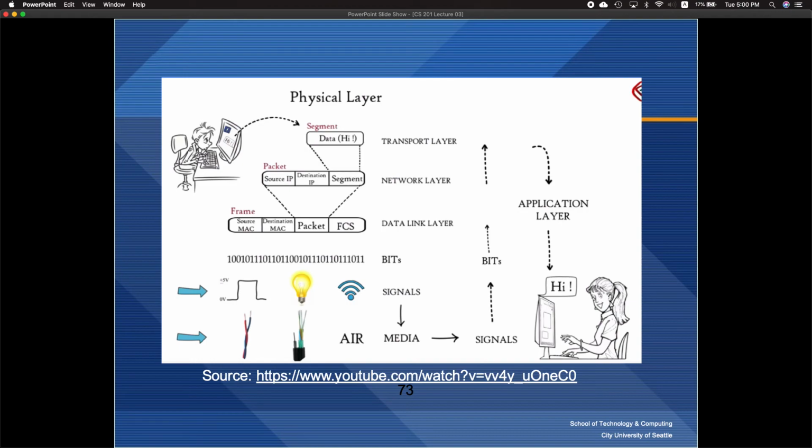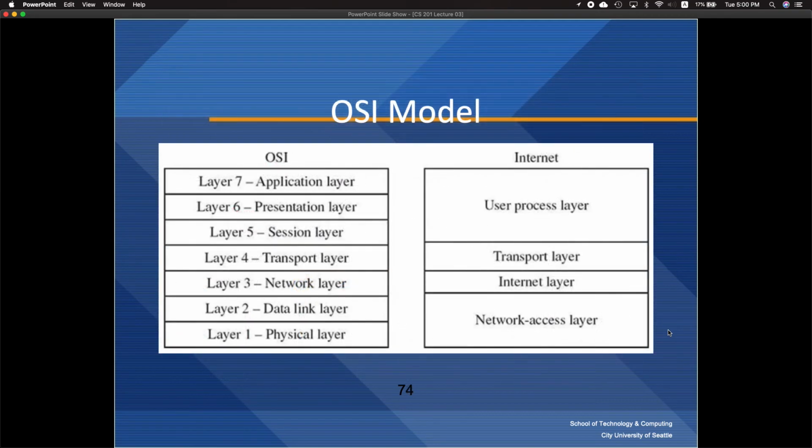And with bits, it's basically signals. It's usually light or electrical current bouncing around inside the cables. Once it reaches the receiver's physical layer, it goes from bottom to top until it reaches the application layer for the other user to see.